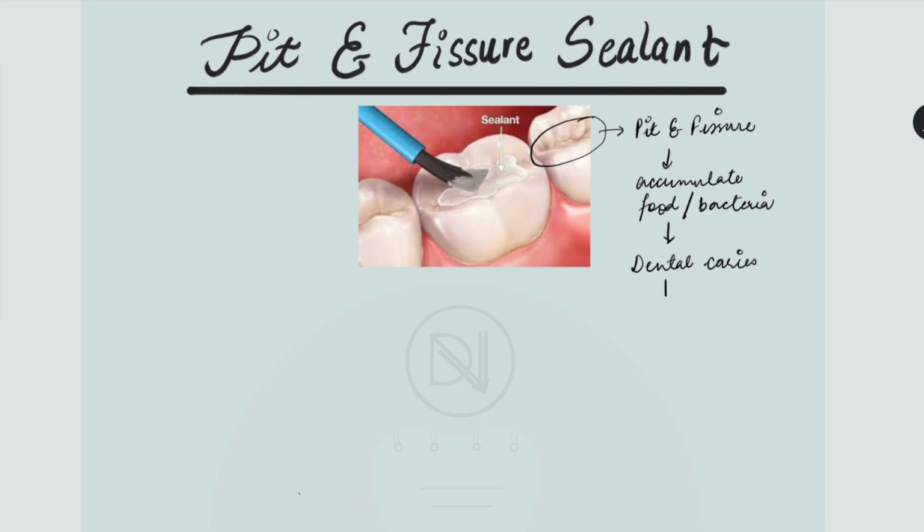Therefore it becomes a necessity to prevent it with pit and fissure sealant. Here you can see the sealant is applied, which covers the pit and fissures, which further leads to the prevention of the accumulation of food and bacteria and thus prevents dental caries.